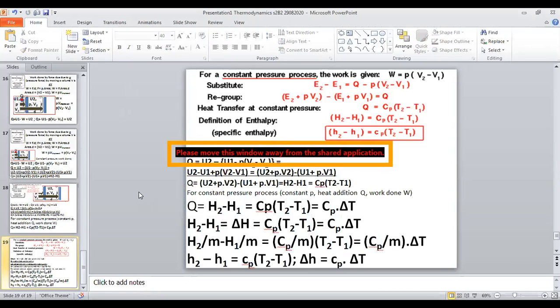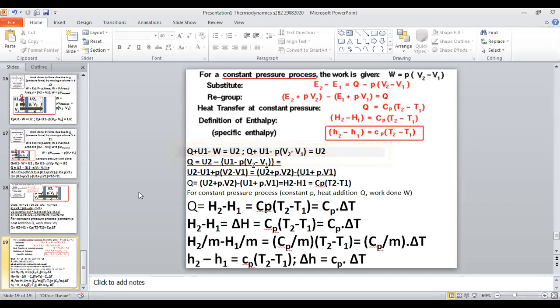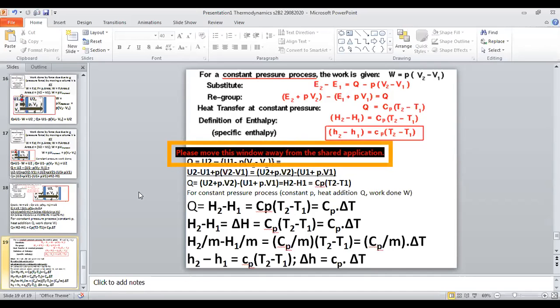H as U plus PV, and also for constant pressure process, enthalpy increase, because when the pressure is constant, of course, to have some work you have to add some heat. Then there should be expansion of the gas or steam, which means there should be a work done. Expansion is work done. I think I have mentioned this with some rockets pictures in our previous classroom sessions as well.